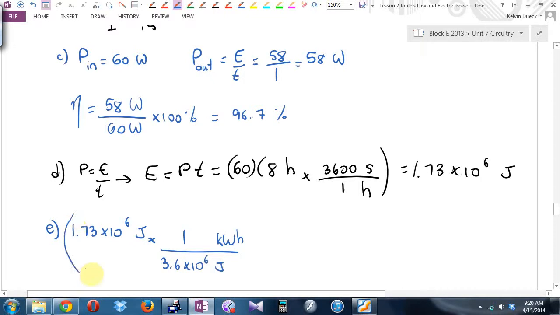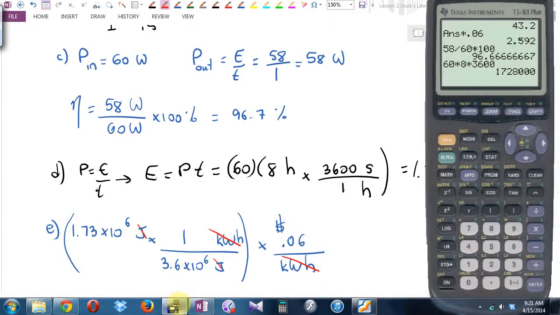That's going to give me kilowatt hours, and then I'm going to multiply that by 6 cents per kilowatt hour. Double check my units. Joules cancels, kilowatt hours cancels, and I'm just left with a dollar sign for money. This is dollars and cents. So it's going to be this times 0.06 divided by 3.6 times 10 to the 6th.